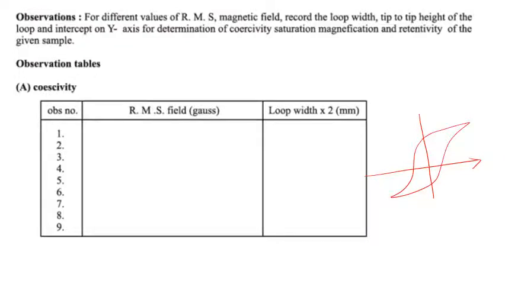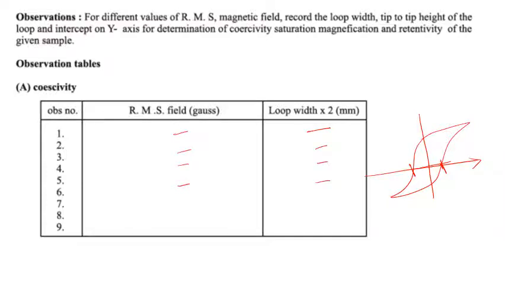So we can measure the width between these 2 points and put it here. Corresponding magnetic field in Gauss we can note from the screen. Similarly we can change the magnetic field in Gauss, and for different readings we can get different widths.